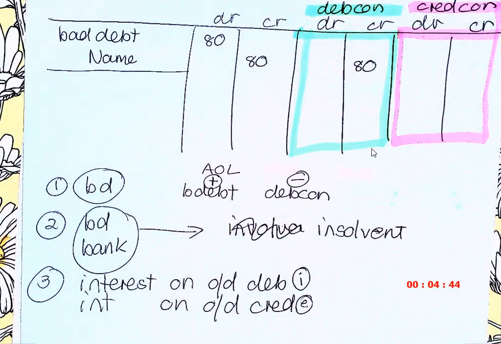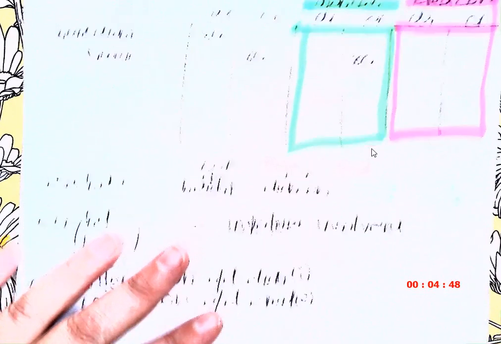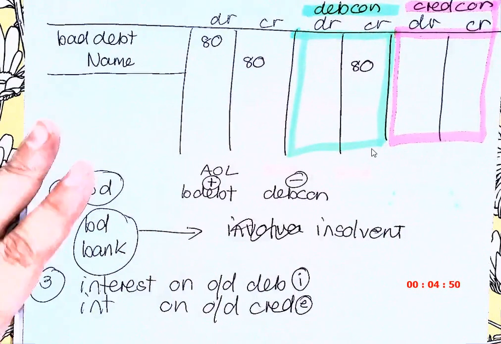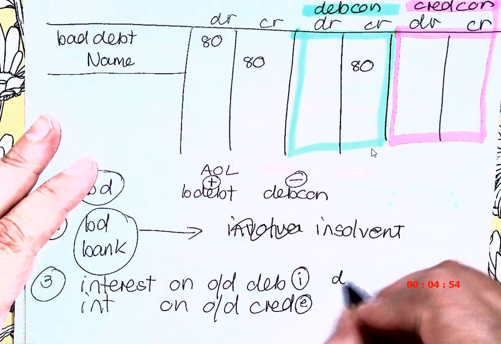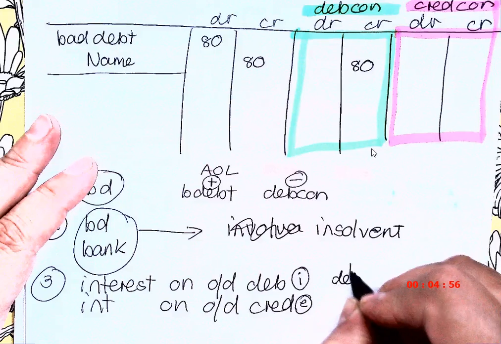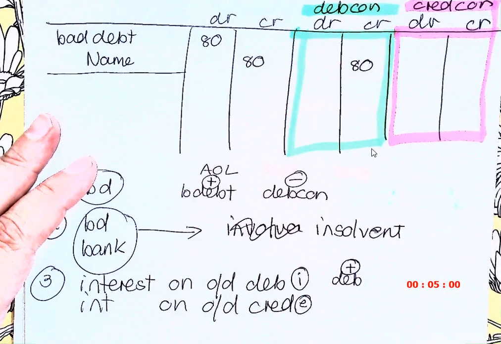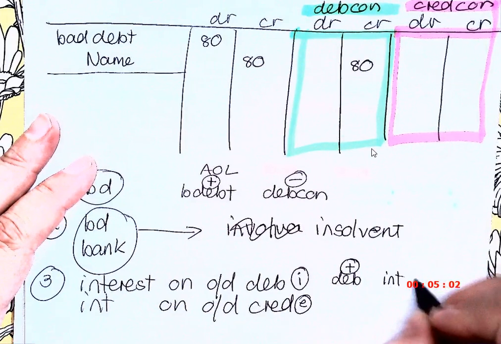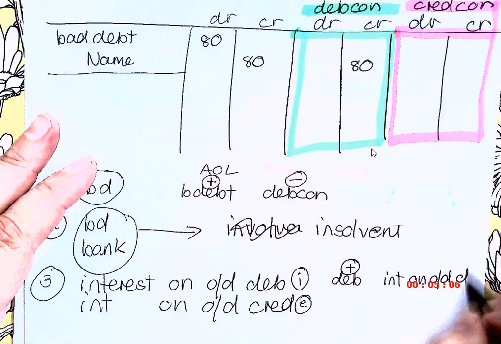Okay. So if I have to do the AOL, and why do I always do the AOL? Because it makes my life easier. Because now what's going to happen? The debtor's debt is going to increase. So I'm going to debit him. The interest on overdue debt is an income.